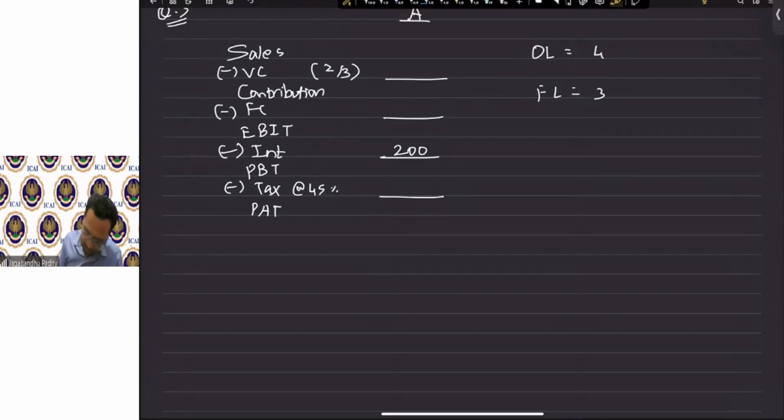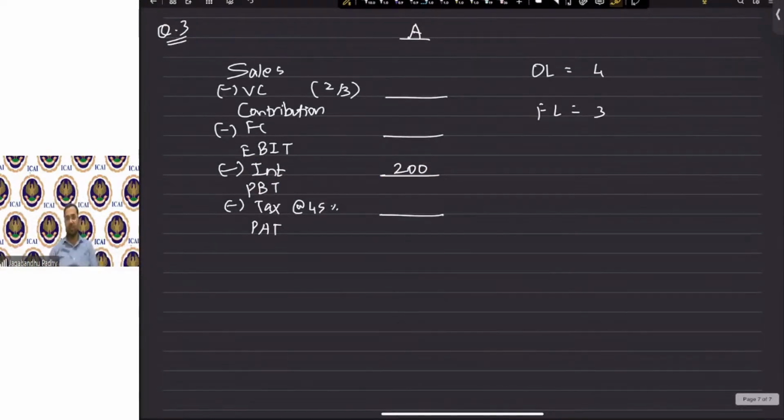Now to start with, we have the interest figure available. Now, which is the leverage which is connected with interest? Tell me, guys, which is the leverage which is connected with the interest aspect?